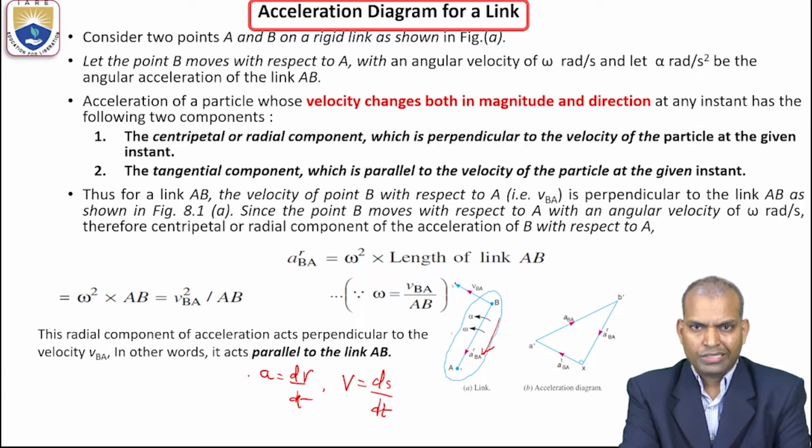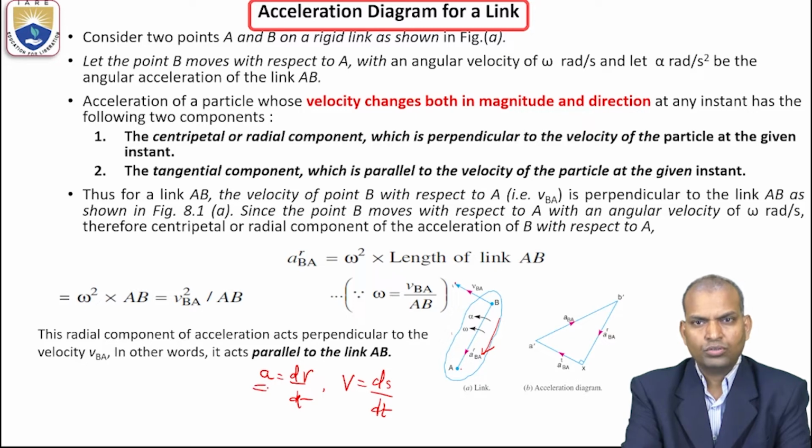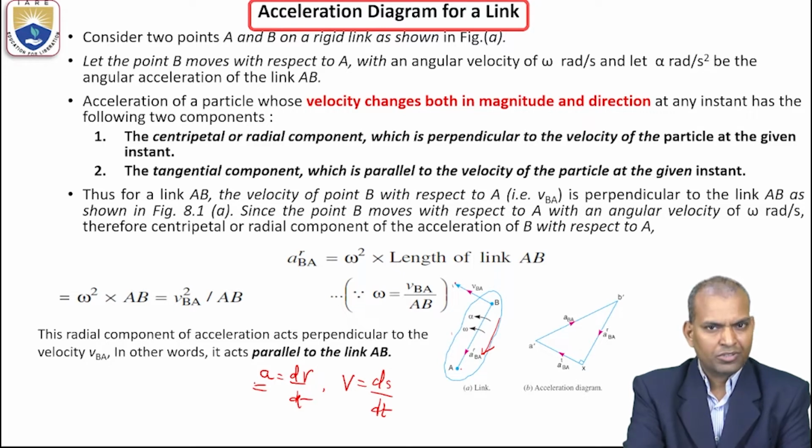If we want to draw the acceleration diagram, or observe the acceleration values of various links, we need the velocity values. Without the velocity diagram or velocity values of particular links, the acceleration diagram can't be drawn.